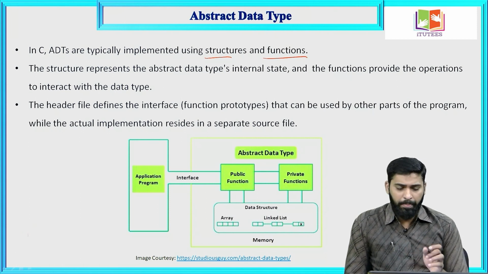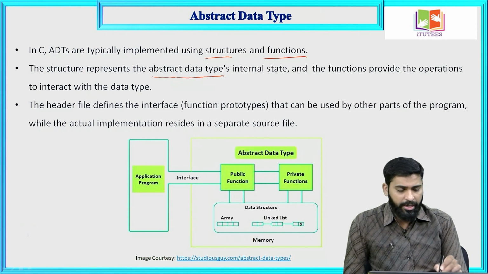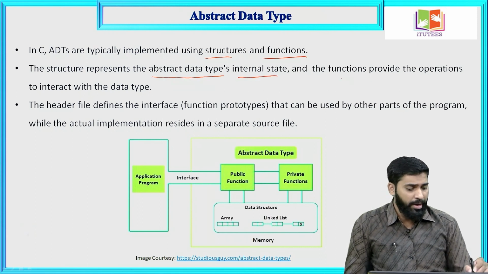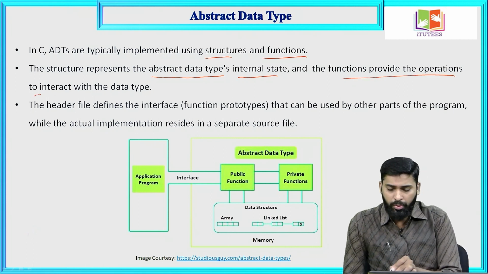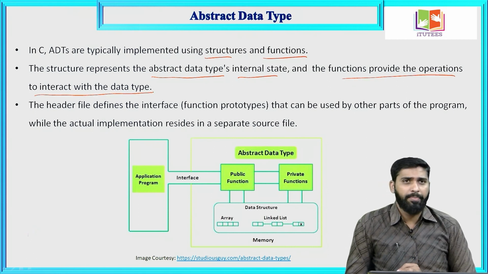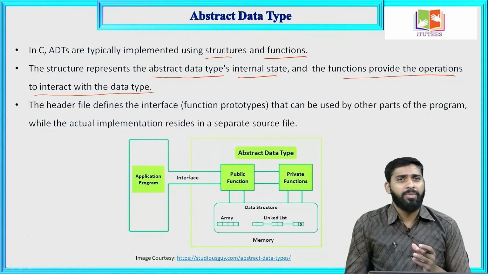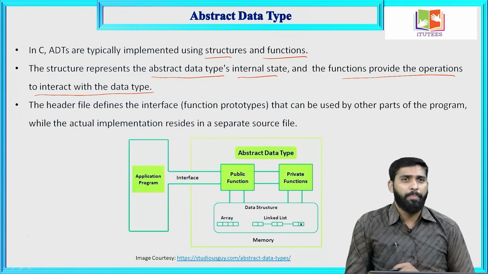The structure represents the abstract data type's internal state, and the functions provide the operations to interact with the data type. For example, if you create one student structure, the structure contains number and name, let us assume. These number and name can be accessed using some functions. Those functions we call operations.